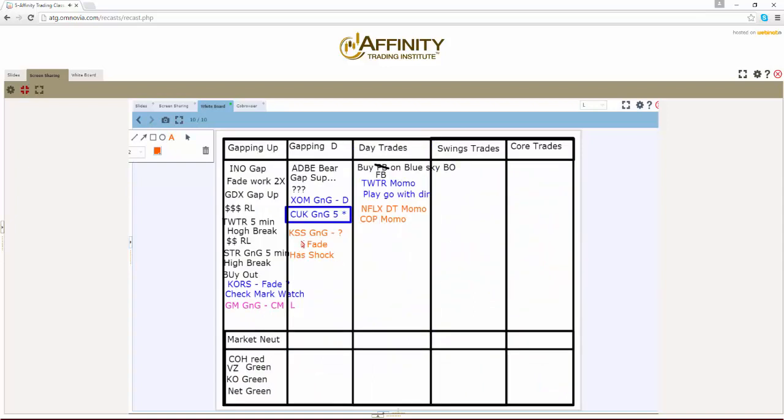Today you could say one trade, KSS, which was a gap fade and then a gap and go down. We mentioned it because it had shock, which is one thing I started the presentation with.